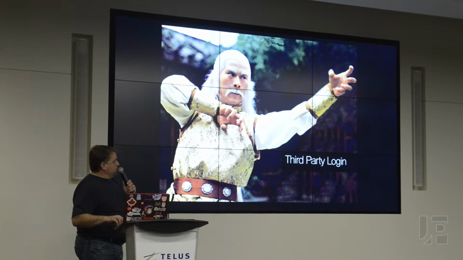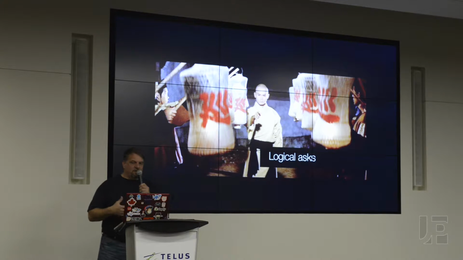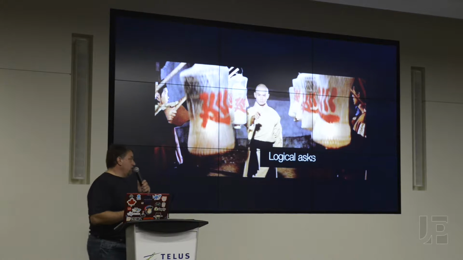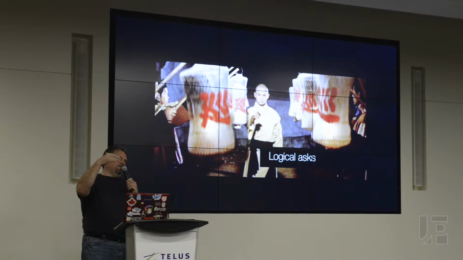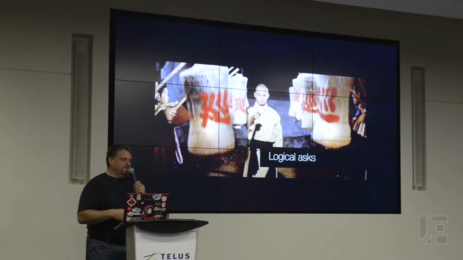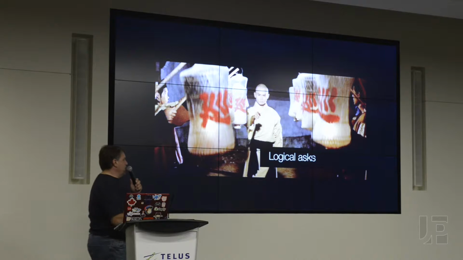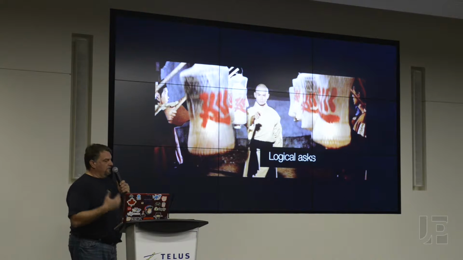All right, so this is where the fun part is. You've got to think about logical asks. This is a common thing that happens with e-commerce. How many people have gone through an entire process of putting something into the shopping cart, they get to the end and they can't put in their Canadian address? You put in your street address, you put in your city, then you can't put in Ontario, so you skip that, and then you try to put in the postal code, but it's in zip code format, so it's not accepting numbers or letters in there.